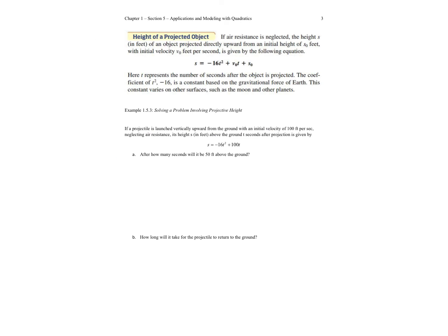Okay, last application problem. So first of all, this is a very important formula. It is projectile motion. The negative 16 is the force of gravity. It's in feet per second.